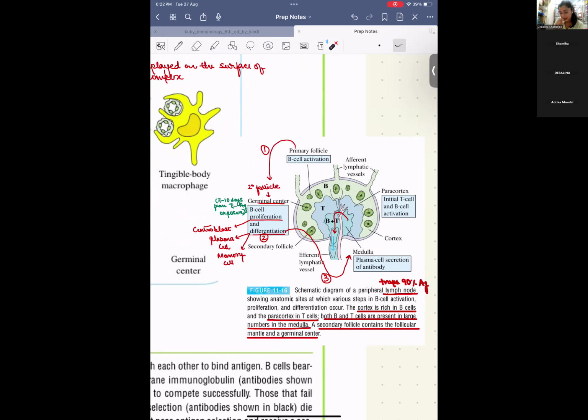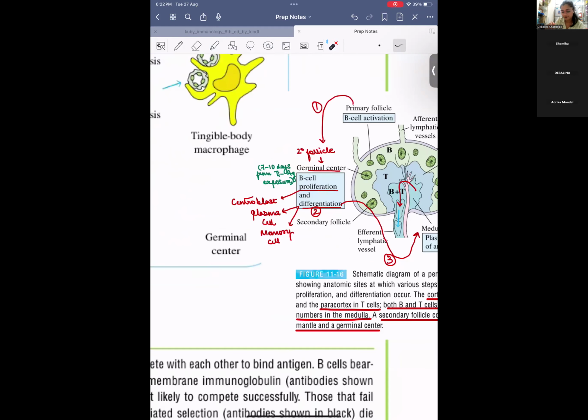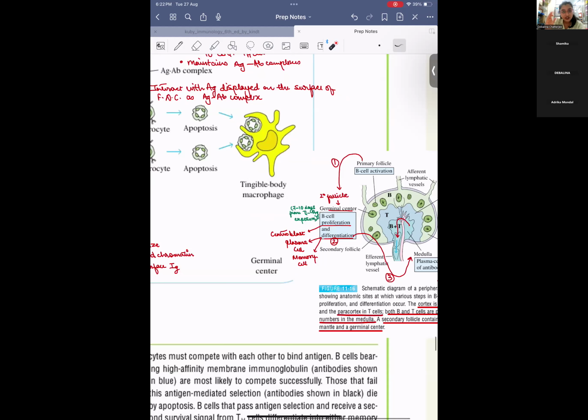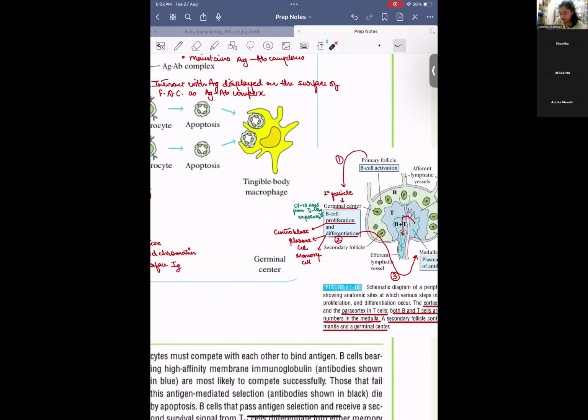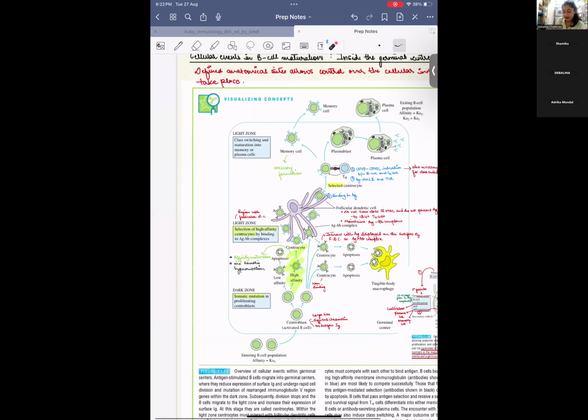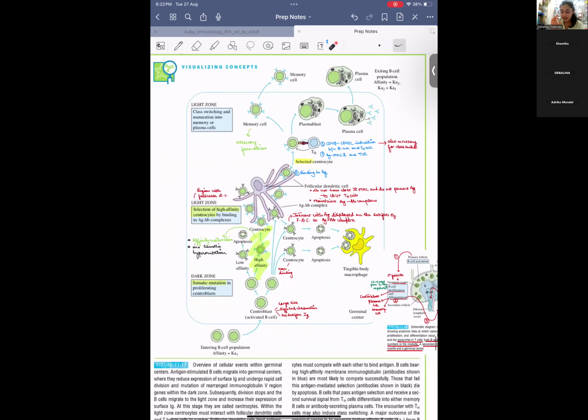But if you notice, the most important region of this is the germinal center, because inside the germinal center, the entire process of B cell division is happening. And this complicated looking diagram explains how the entire process is happening.